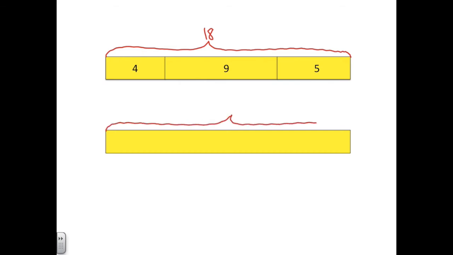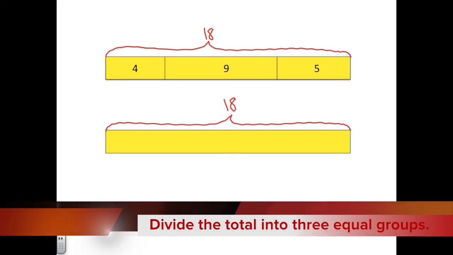So let's take a look at another bar, and this is how we found the average. We knew that we had a total of 18 oranges. We knew that there were 3 bags, so we wanted to split it up into 3 parts, and that's a basic division problem. What is 18, the total number of oranges, divided into 3 groups? 18 divided by 3 equals 6.